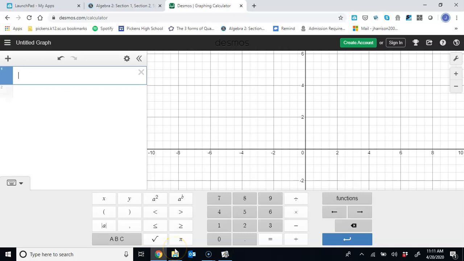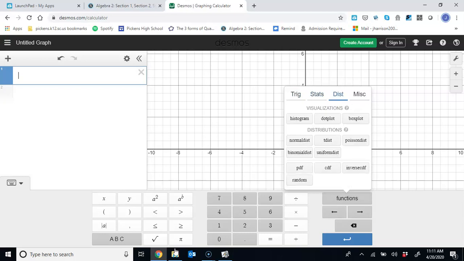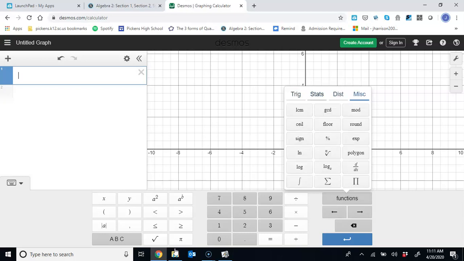Now, I have not done a whole lot with Desmos, so I'm kind of actually learning on the fly as I do this. I'm going to show you the TI calculator. It's more comfortable for me. But underneath the functions here, you should be able to go over, and I believe it's on miscellaneous. Yep, here we go. On miscellaneous, you will see log, and you'll see natural log.